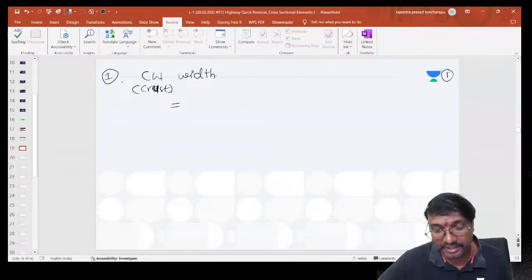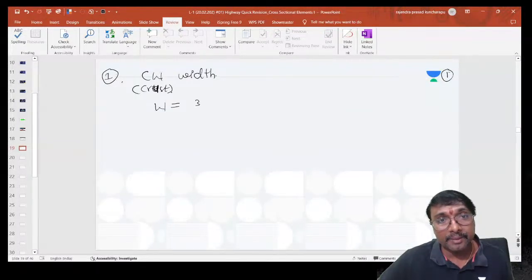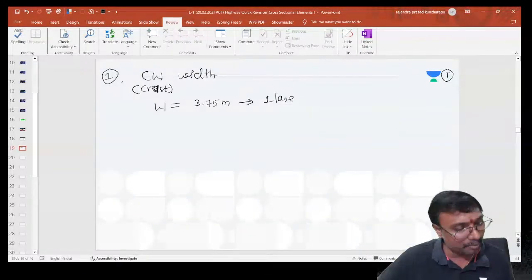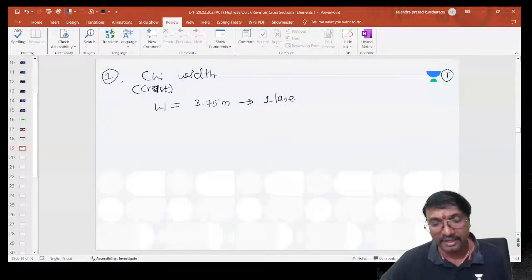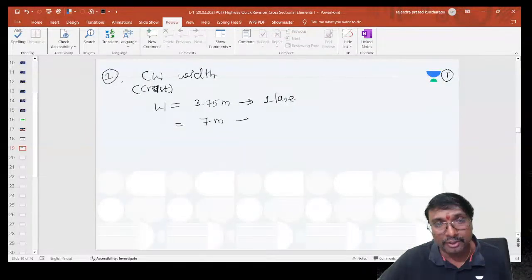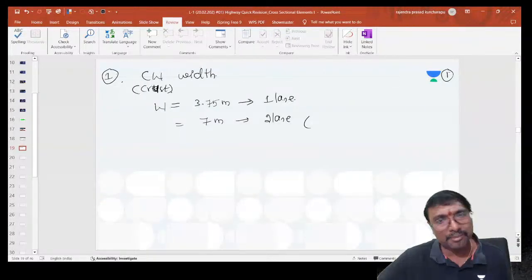That will be taken equal to, given with the symbol W, 3.75 meters for a single lane, and 7 meters for a 2 lane road without curb.